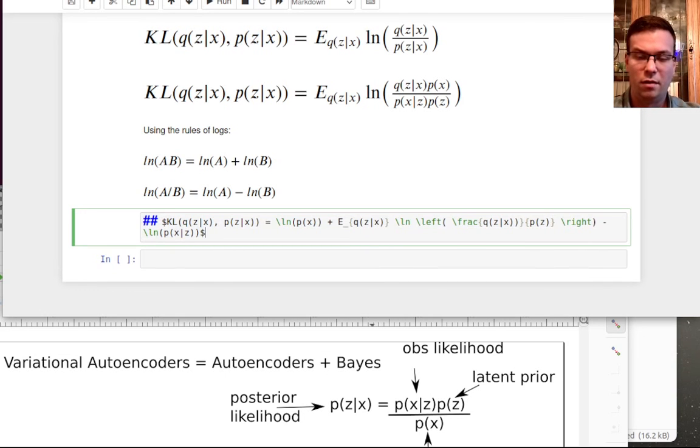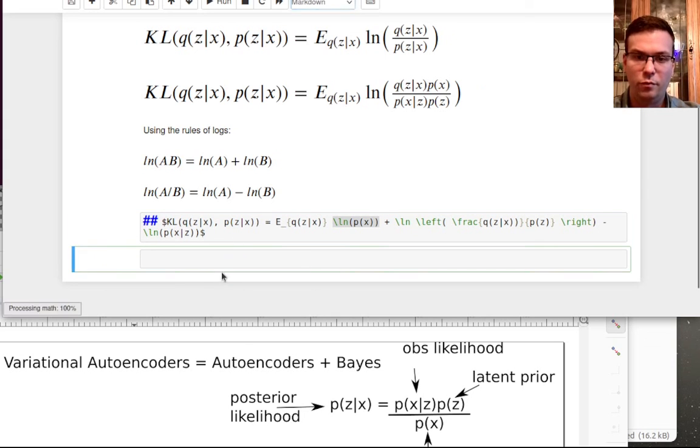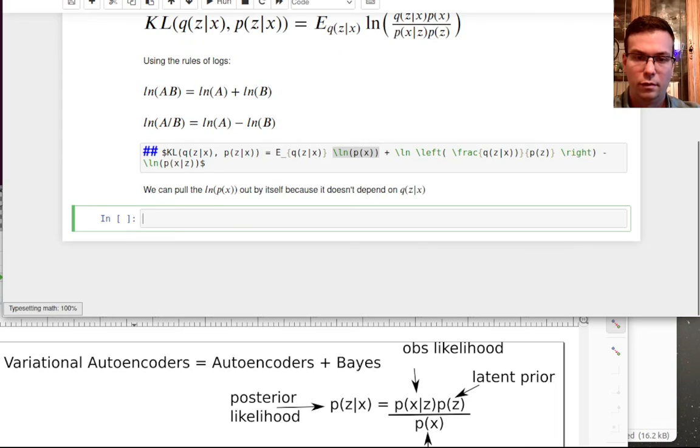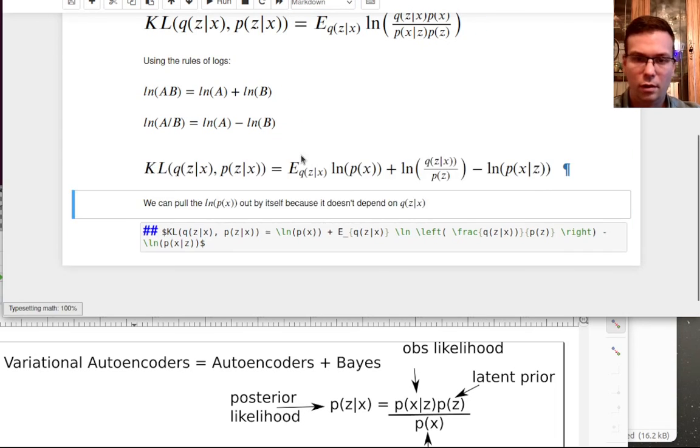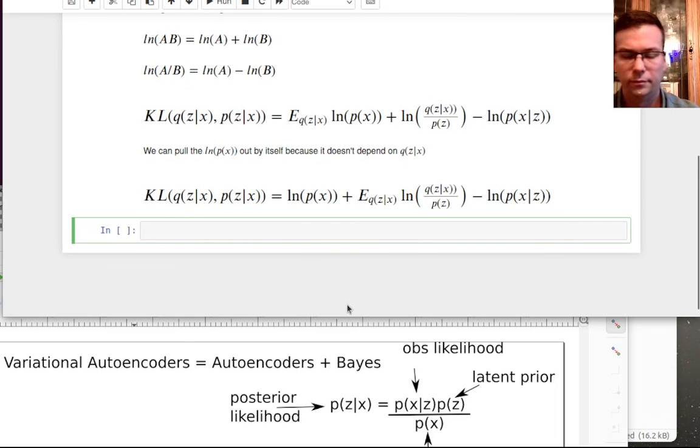Actually I'll remember the before and after here. So we can pull the log probability out by itself because it doesn't depend on Q(Z|X). So that's a move that we'll do here, and we end up with this.